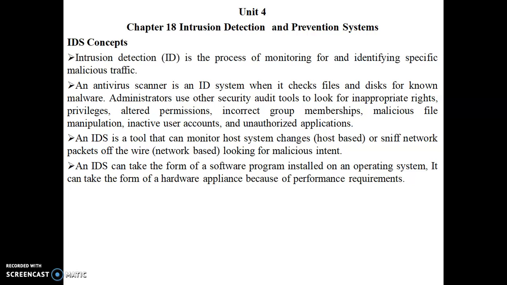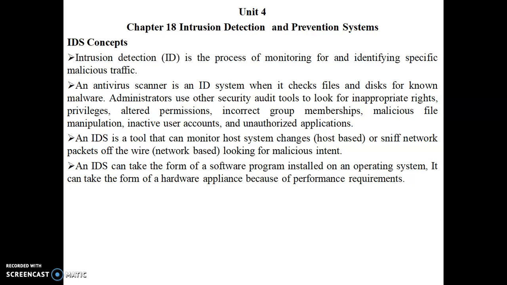IDS can take the form of a software program installed on the operating system. It can also take the form of hardware appliances, based on the performance requirement. One example of IDS in the form of software is your antivirus and scanners. It is software where we try to identify illegal things, viruses, worms, and malicious things happening in the system, and they can be removed easily.